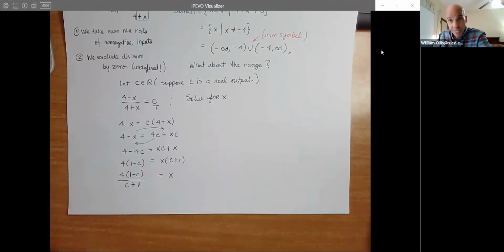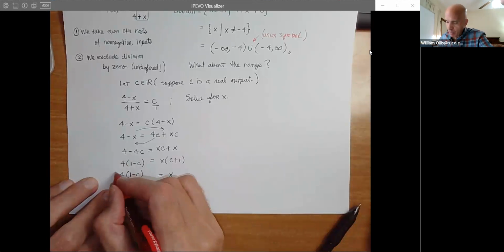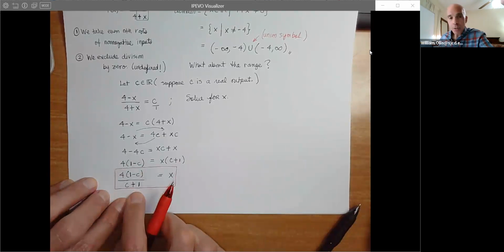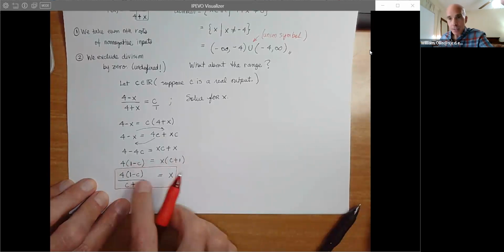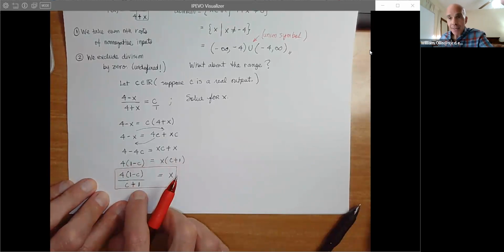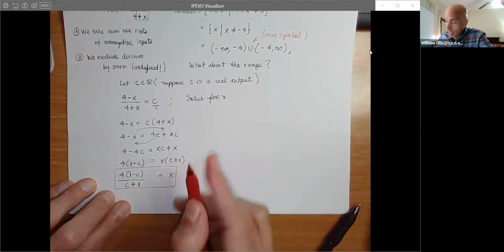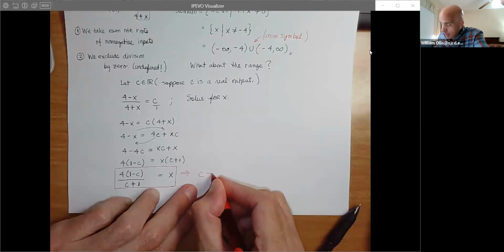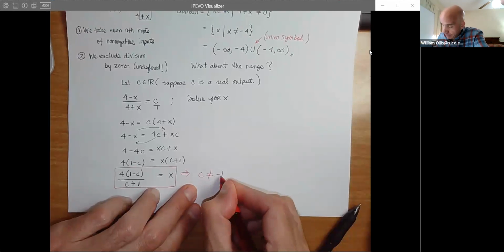That is, if we give c a value, then we know the element in the domain. But what this equation tells us, and this is where we have to think about it, is that if c were equal to -1, this is undefined. So there would be no x that would map into -1. So this implies c can never be -1.